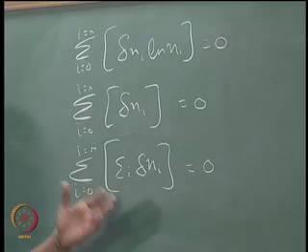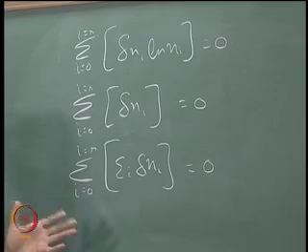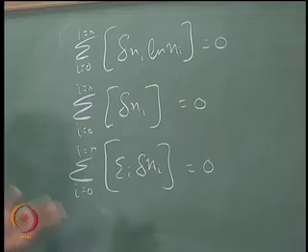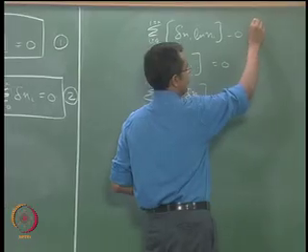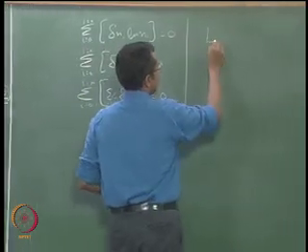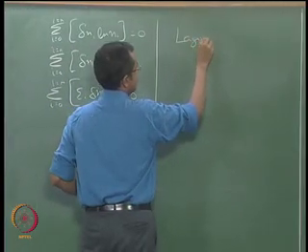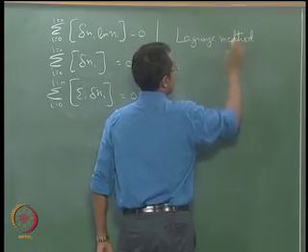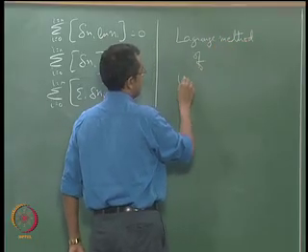The mathematical approach used to deal with this kind of situation, where you are trying to maximize one function subject to certain other constraints, is referred to as the Lagrange method of undetermined multipliers.